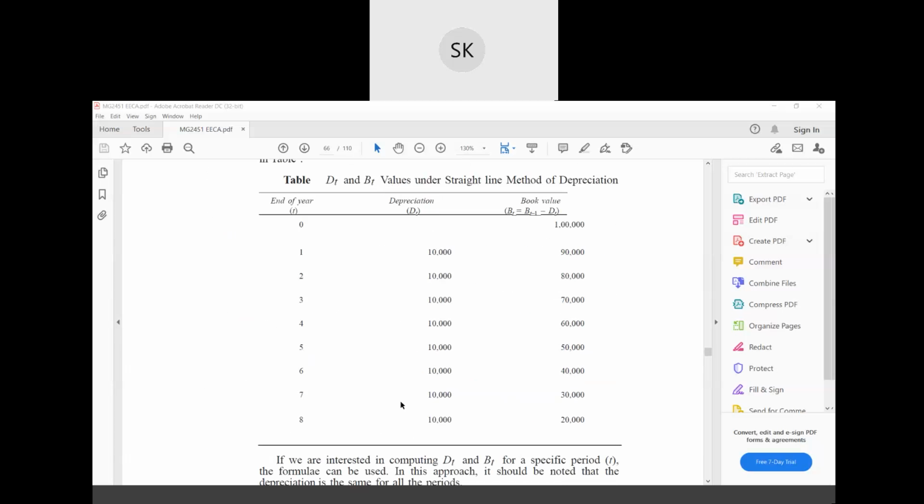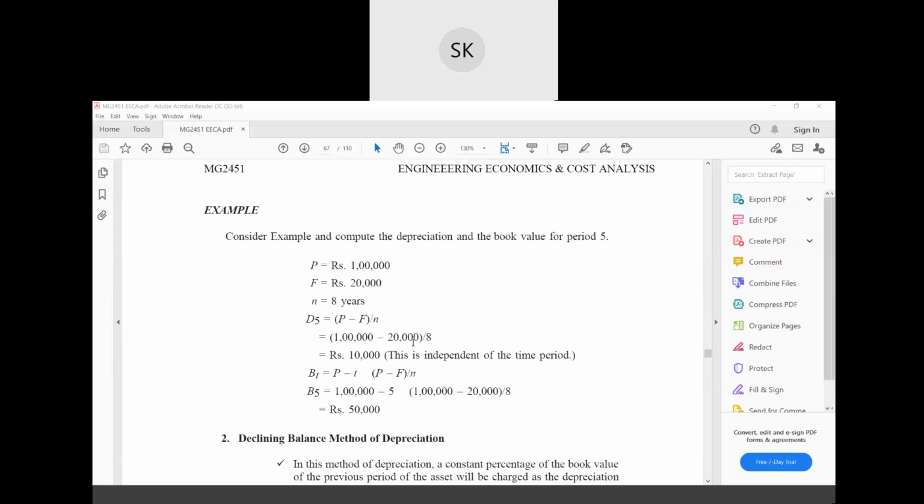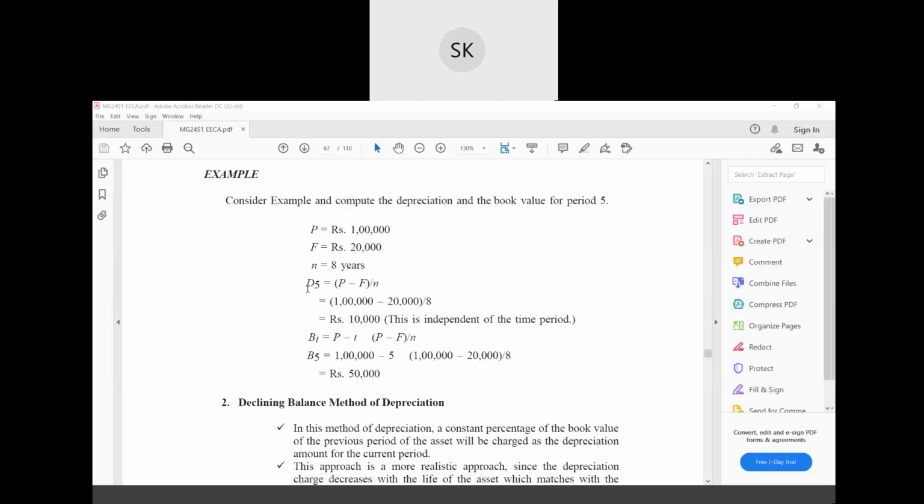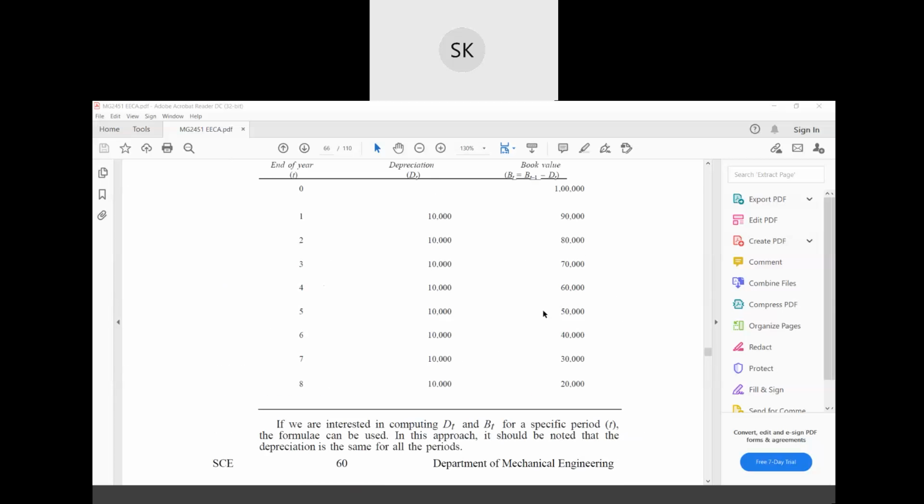That's why they have used 1 lakh minus 20,000 divided by 8. So this is independent of the time period. Now for BT, P minus T divided by N, so this T will be replaced by 5. So B5 will be 50,000. And if you see from the table also, B5 was 50,000.